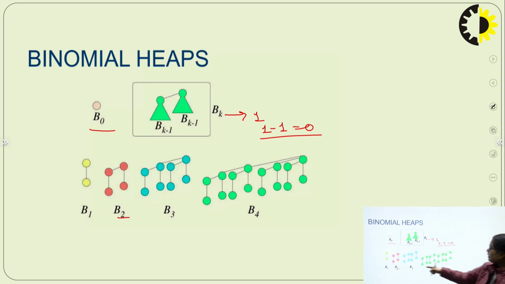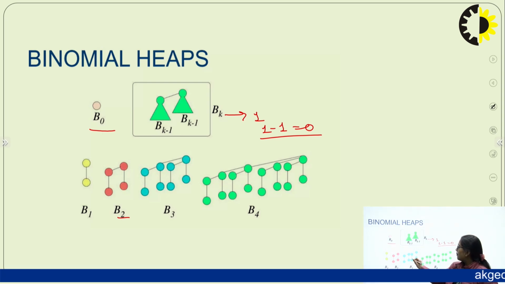Similarly, we can construct B3. B3 is the combination of two B2, and this is the representation. What about B4? B4 is the collection of two B3 nodes. This is one B3 and this is another B3. I hope you understand how we create a binomial ordered tree.